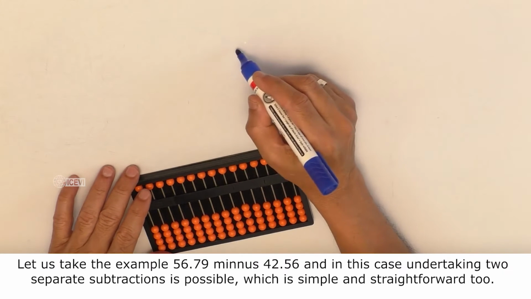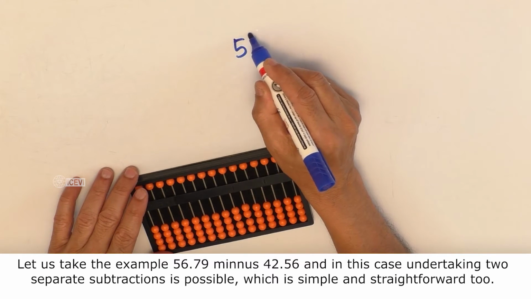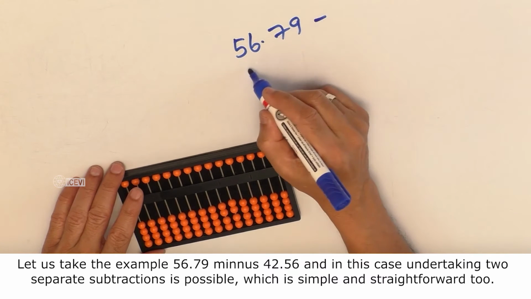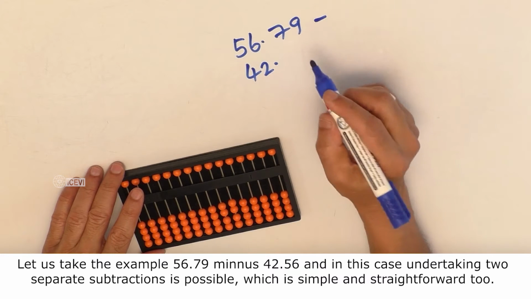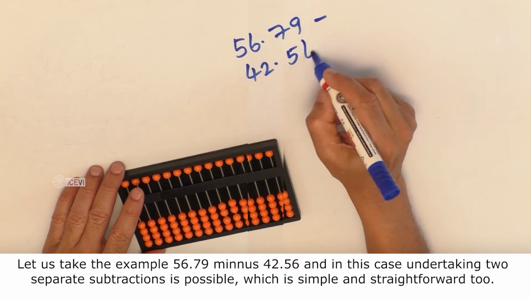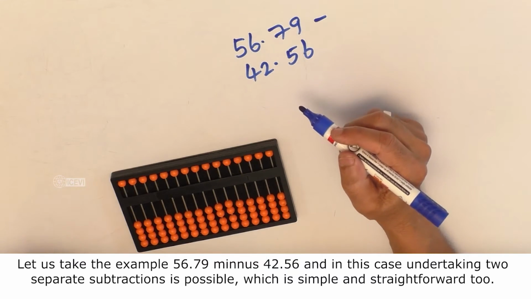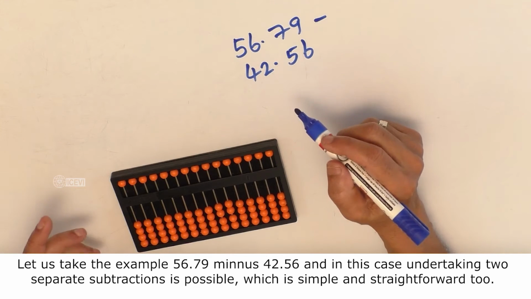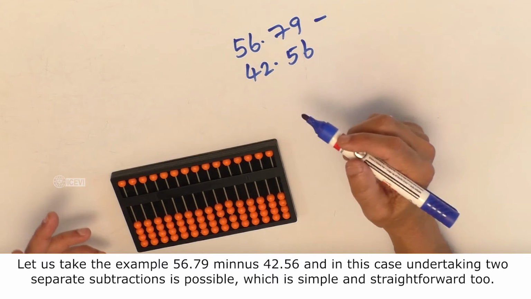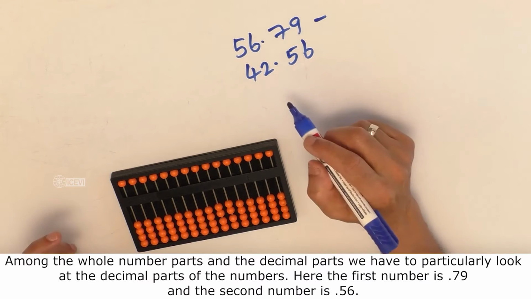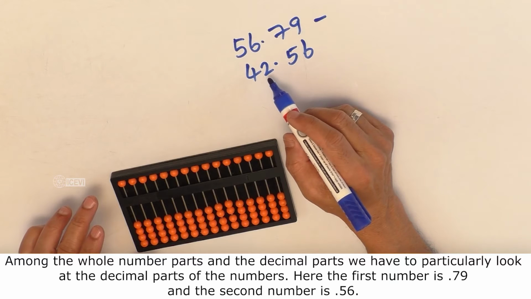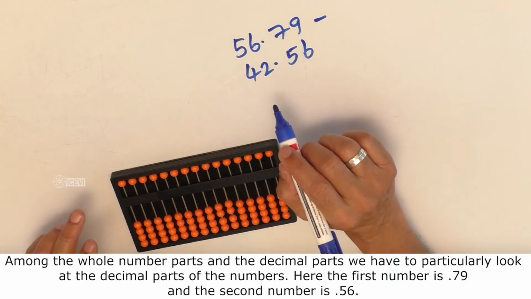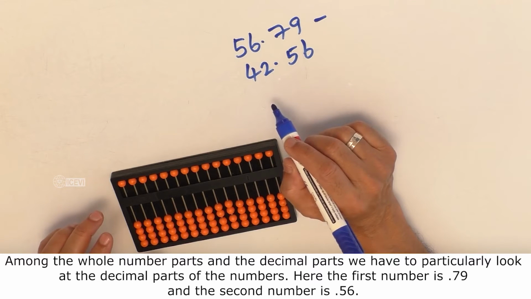Let us take the example 56.79 minus 42.56, and in this case undertaking two separate subtractions is possible, which is simple and straightforward too. Among the whole number parts and the decimal parts, we have to particularly look at the decimal parts of the numbers.